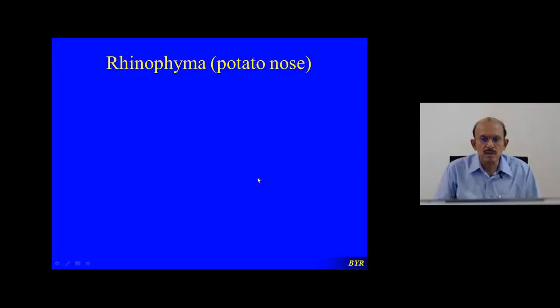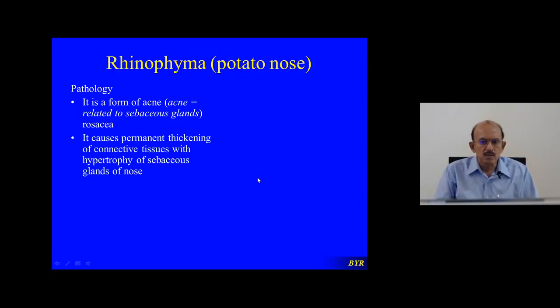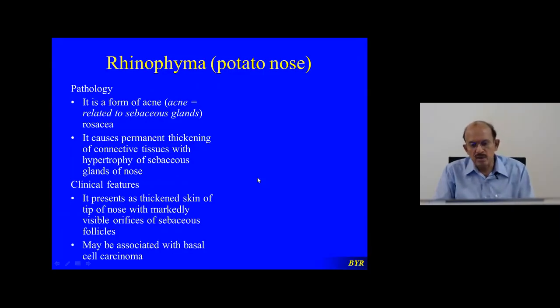Rhinophyma. It is also called the potato nose. Pathology: it is a form of acne. It causes permanent thickening of connective tissues with hypertrophy of the sebaceous glands of the nose. It presents as thickened skin of the tip of the nose with markedly visible orifices of the sebaceous follicles.